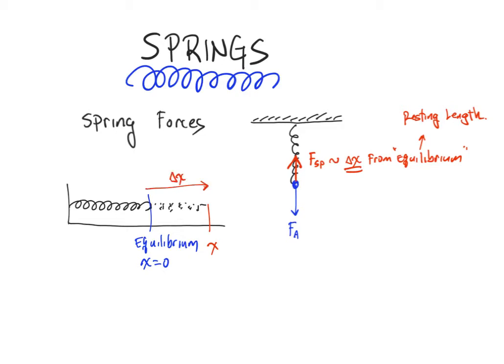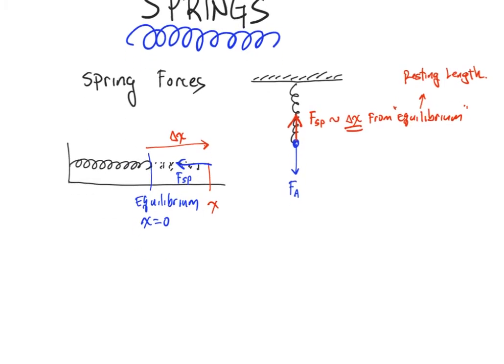And if there's a delta x, then we're going to get a force backwards from the spring in the opposite direction. I hope that makes sense. So it can be either in a vertical situation or a horizontal situation. But either way, I want to get back to this idea that the force is related to the distance stretched.